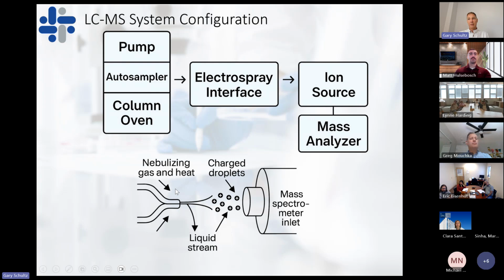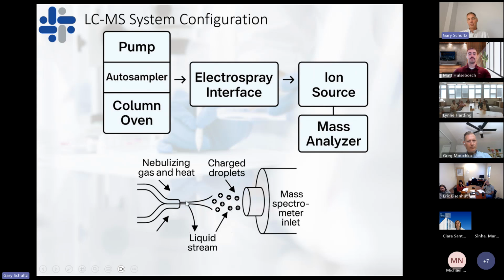Electrospray itself involves the application of a high voltage to a tapered, typically metal needle, but as we go to lower flow rates, we typically use pulled capillary glass emitters for the emitter.